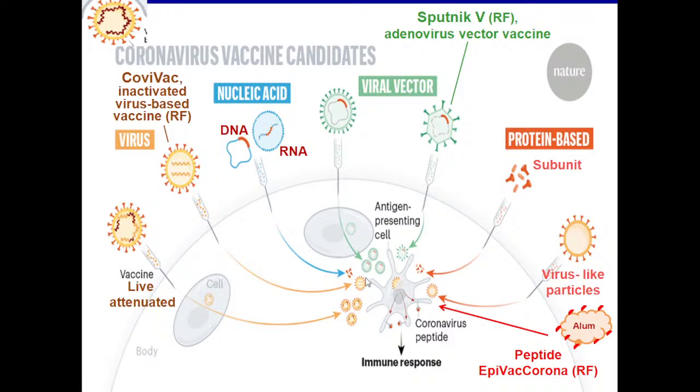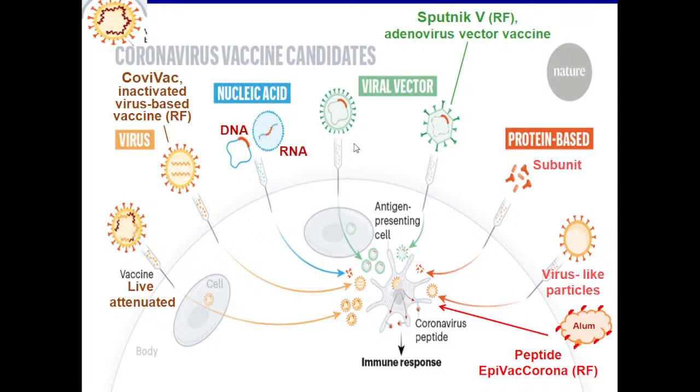Very popular are nucleic acid vaccines, when RNA or DNA can be used for injection into the human body, and they will be taken up and the peptides will be produced, and then the vaccination will occur.